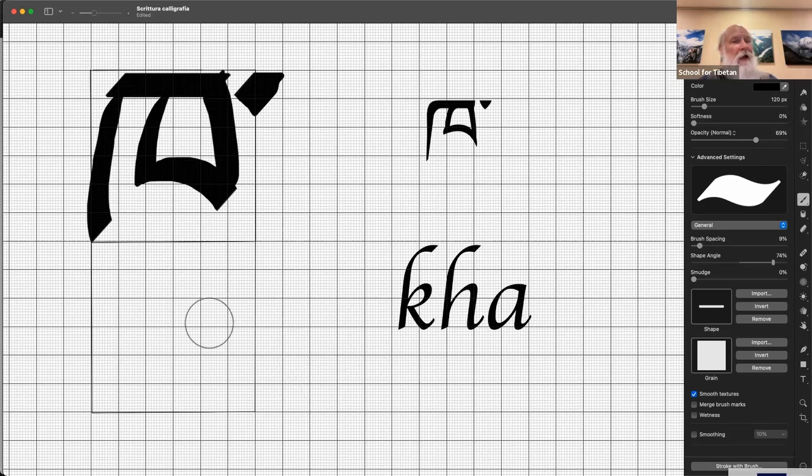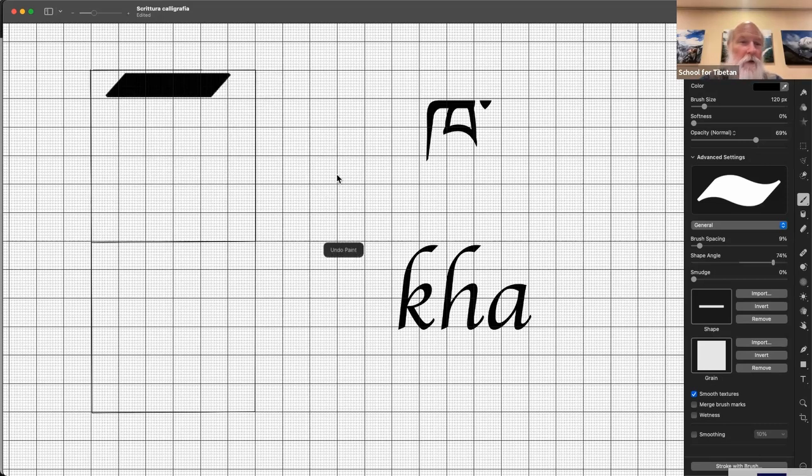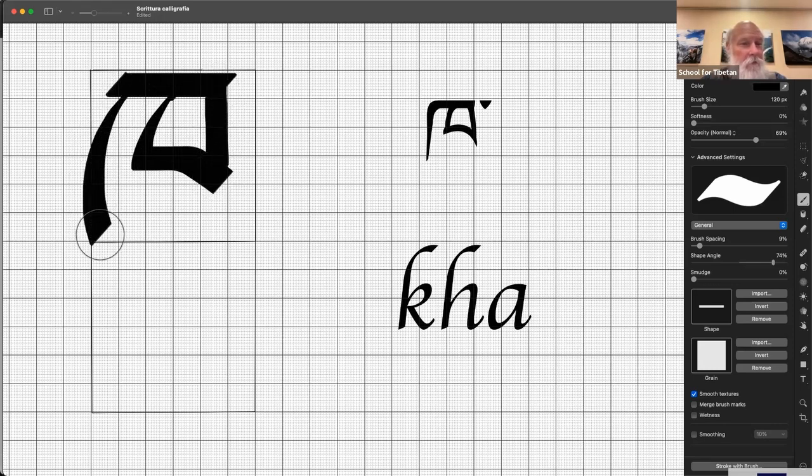So ka is the second letter. It's really horrible, to be honest. I can't bend it, because it's fixed. But it gives you the idea, I think. 1, 2, 3, 4, and 5.